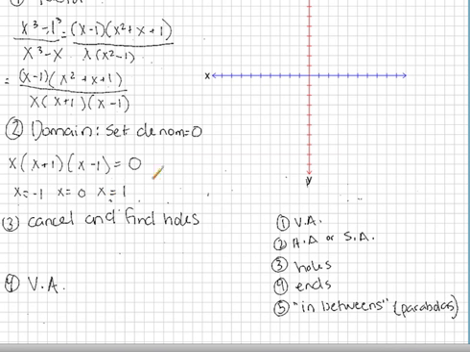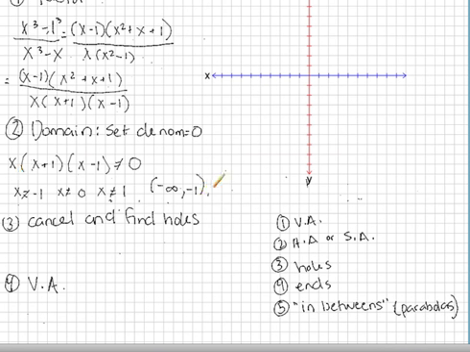So if we go ahead and put our domain into interval notation, we're going from negative infinity all the way over to negative 1, and we are not including negative 1 because our denominator is not allowed to equal 0.